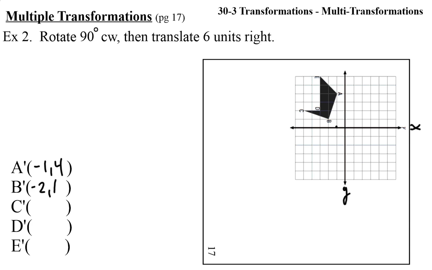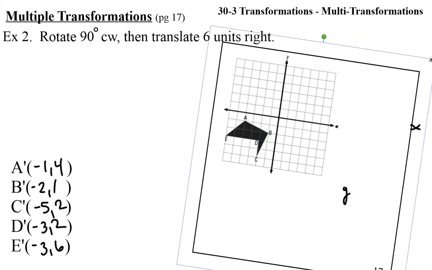C is at -5, 2. D is at -3, 2. And E is at -3, 6. So I've rotated my page. I've jotted down somewhere where it finishes.